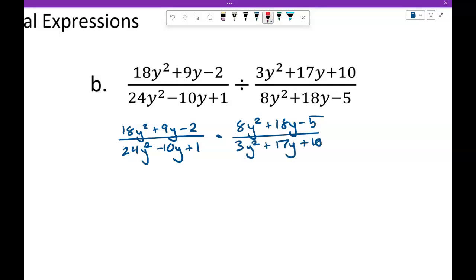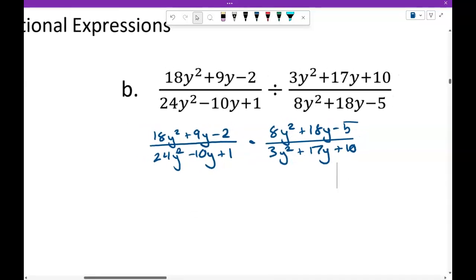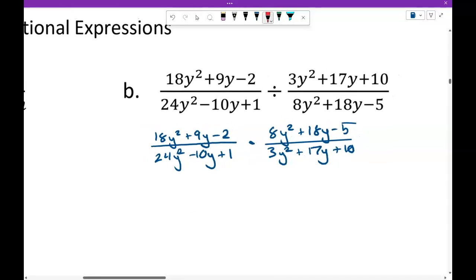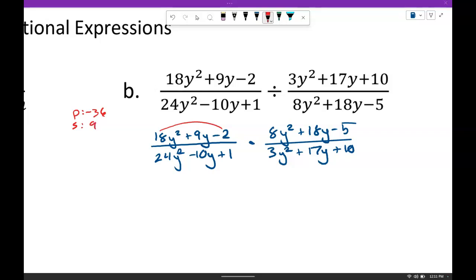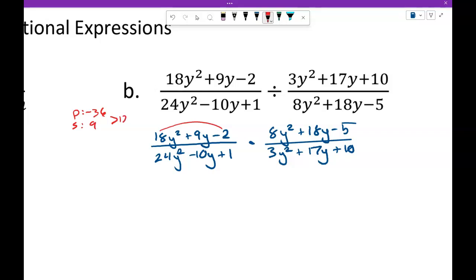Now we can go ahead and factor. Since all of these are trinomials with leading coefficients, we're going to do our product and sum for each of those, starting with our product of negative 36, and we want a sum of 9. The numbers that give us that product are going to be 12 and negative 3.